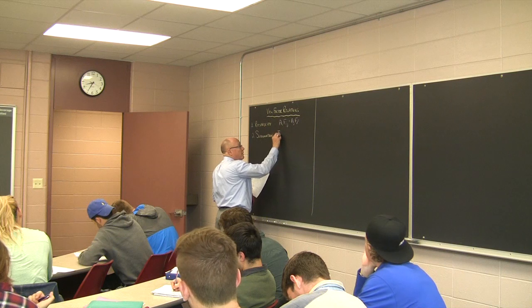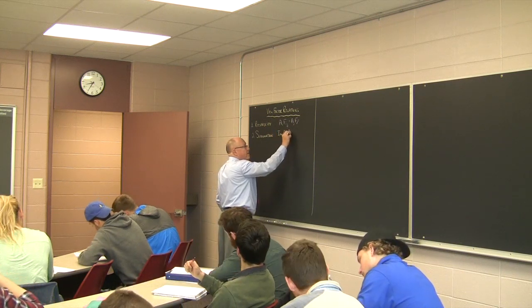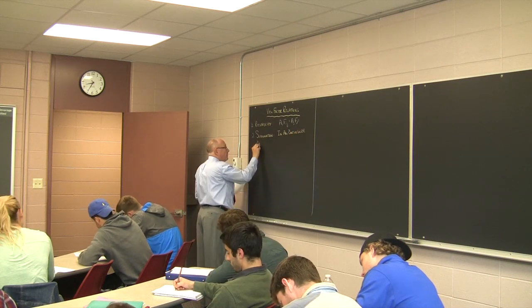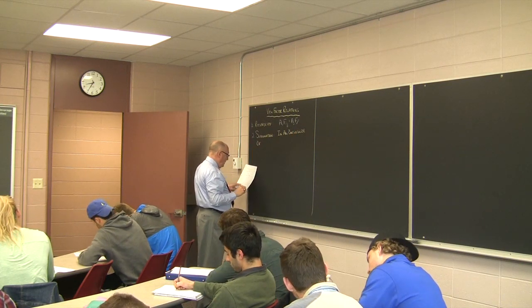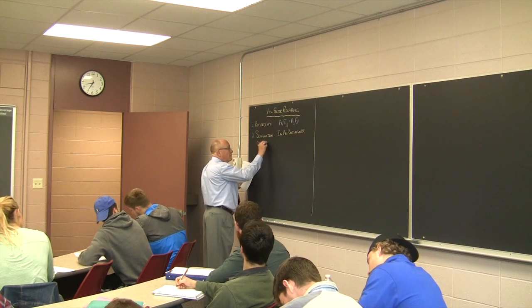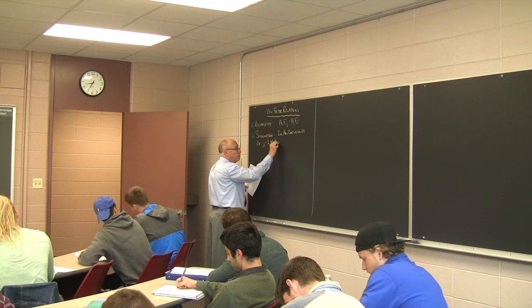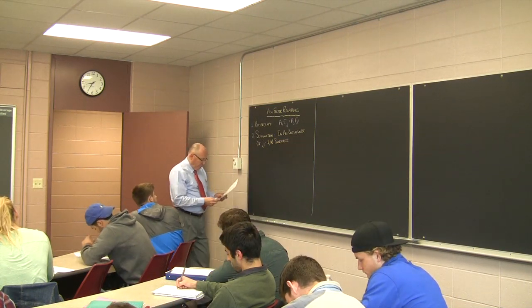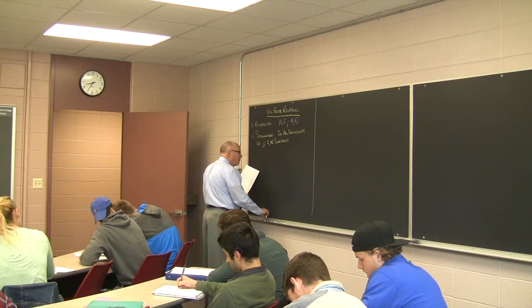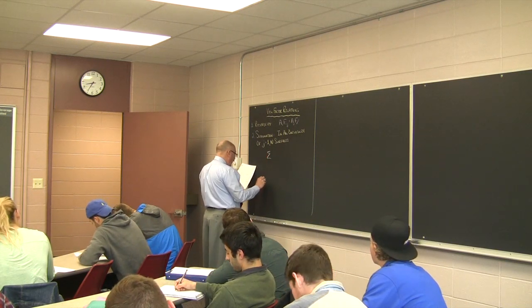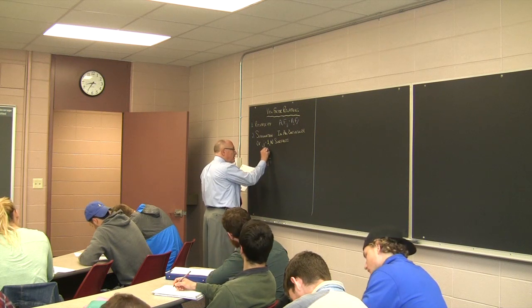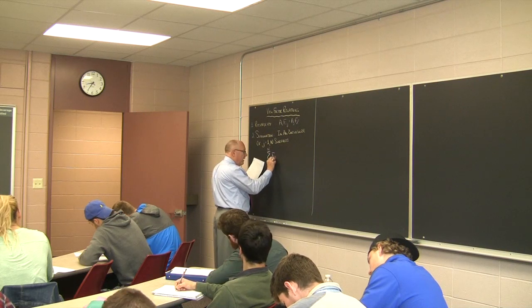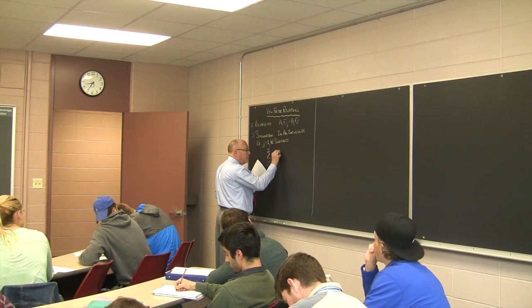In an enclosure of n surfaces, the summation from j equals 1 to n of F_ij must be equal to 1.